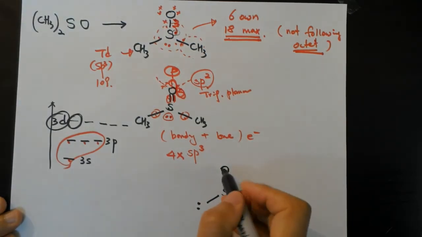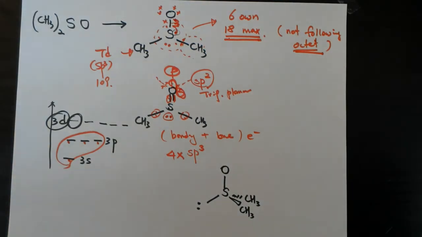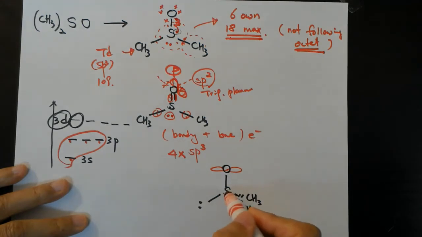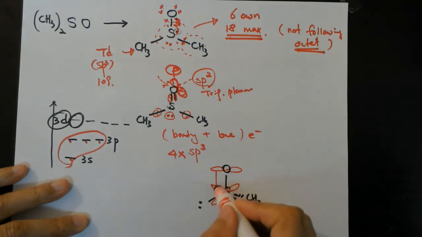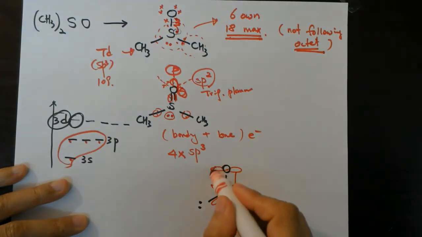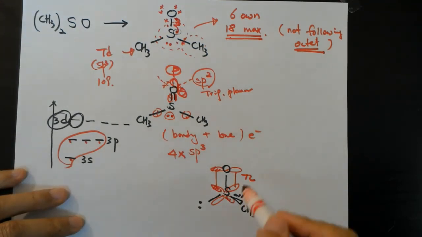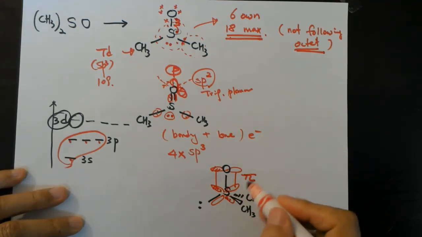Then oxygen gives a p orbital to form a pi bond, and S gives a d orbital to make a pi bond, same shade. So around the pi bond it's not really planar.